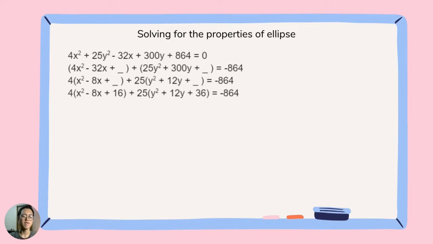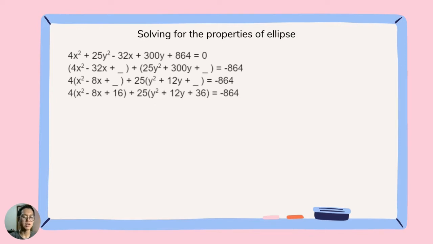So the first middle term is negative 8x, so its coefficient is negative 8. So we divide it by 2, we have negative 4. And then we square it, we have positive 16. And then the second middle term is 12y. So we are going to divide it by 2, we have 6. And then we are going to square it, we have 36.